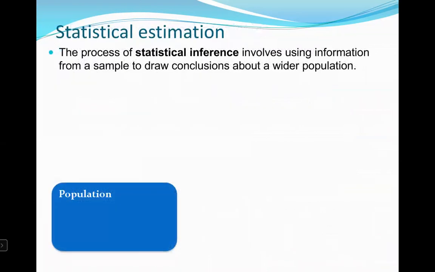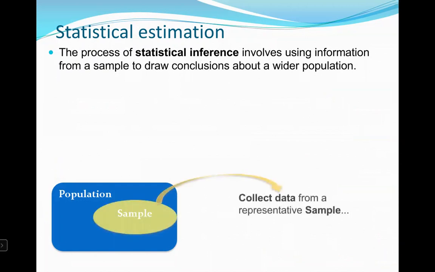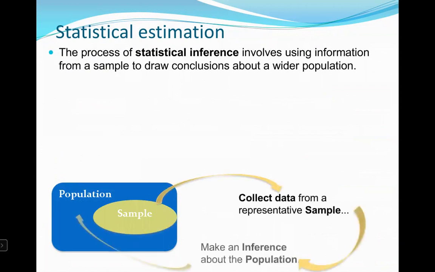Statistical estimation. The process of statistical inference involves using information from a sample to draw conclusions about a wider population. And as we've seen before, we have the population, which is the box here, and then inside of the population is the sample.